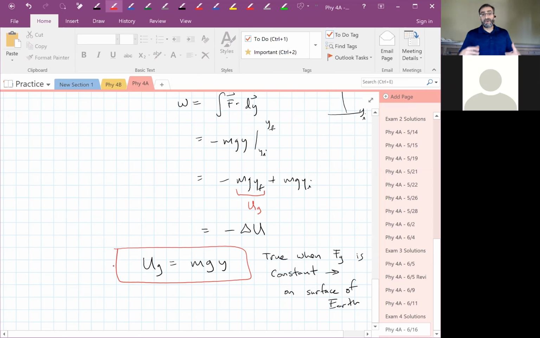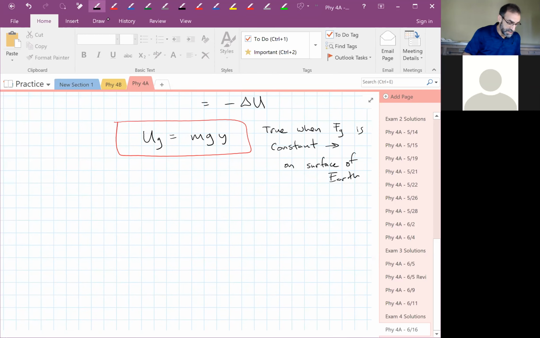Now we want to know, what in general is gravitational potential energy? What if I threw something up into the air on the moon? What if I have two objects floating around in space and I want to use energy to find out how fast they're moving when they crash into each other? Well, I need a general form of gravitational potential energy.